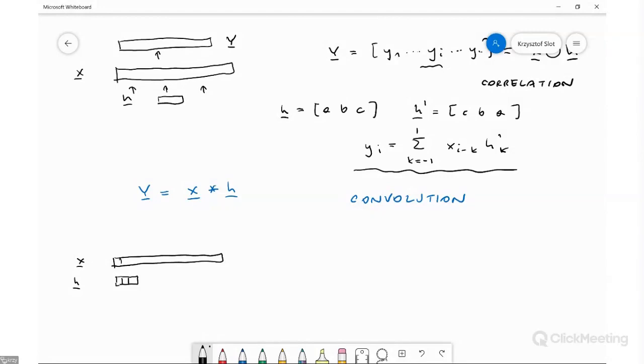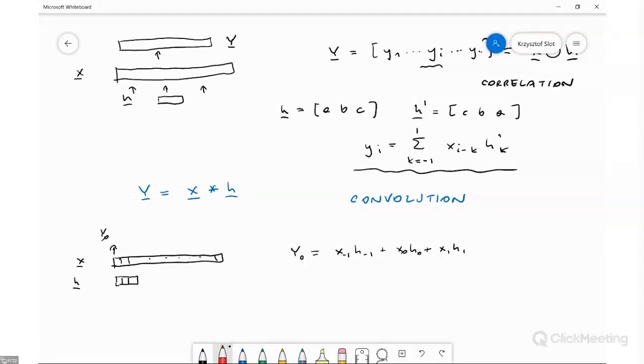Observe that if I would like to transform this input into the output, and tell what will be the value at the first location, y0, it will be the result of a dot product: x minus 1 times h minus 1, plus x0 times h0, plus x1 h1.